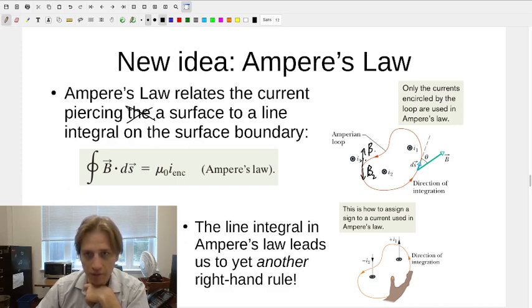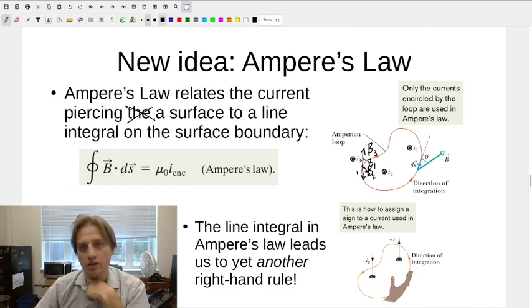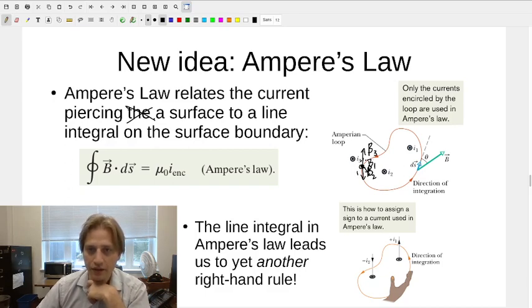So you'd have a magnetic field contribution from this current 3. You'd have a magnetic field from the current 2. You'd have a magnetic field contribution from your current 1. Oops, do I have the right direction there? No, I don't. It's opposite that. There's your B1. Okay, in any case, at each point along this path, you would have some net magnetic field that's the sum of all the magnetic fields from all the currents in your region.